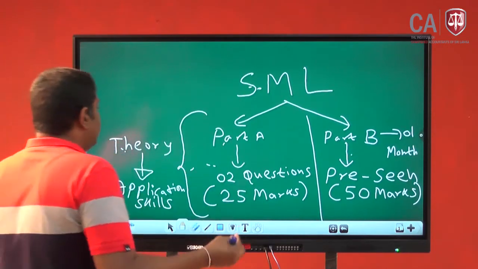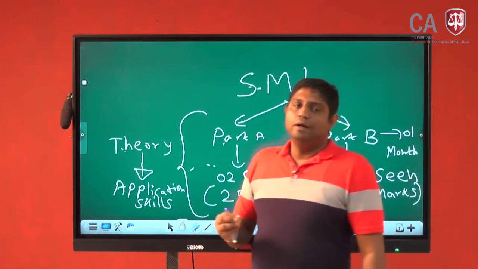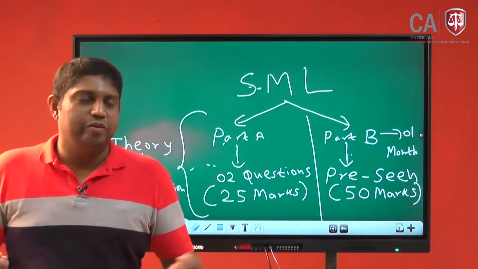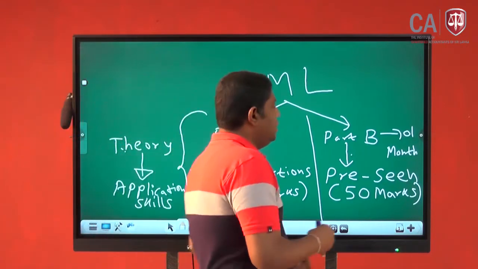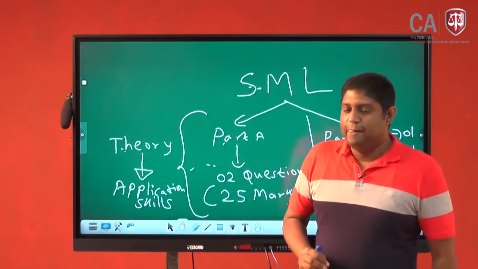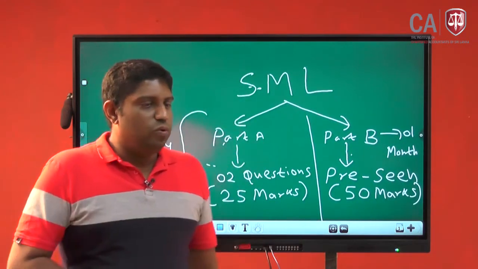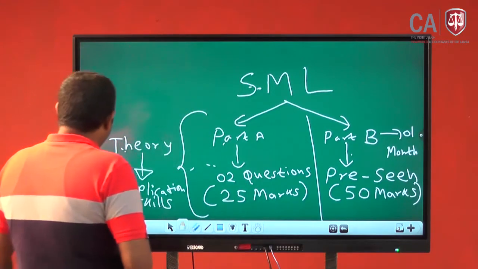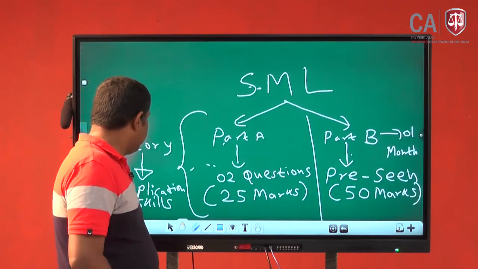I just tried to show you the importance of this SML paper and how you can work with this particular paper. So I will go and discuss the paper with you.